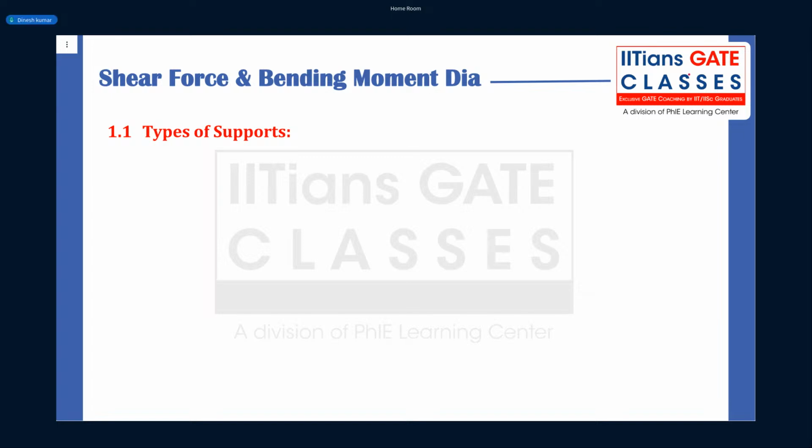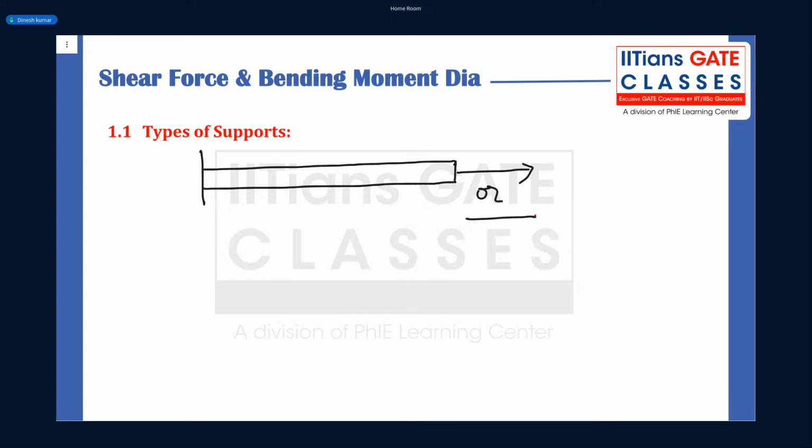If you have this slender structure and if load is axial load. Now axial load can be what? It can be a tensile or it can be a compressive load, right? Then it is known as bar or rod.